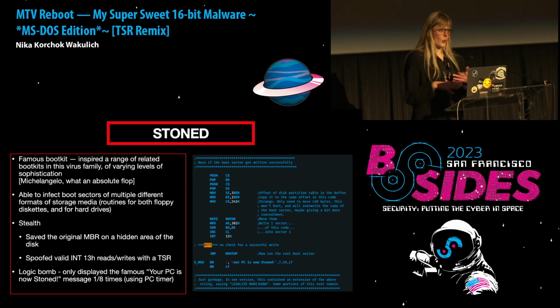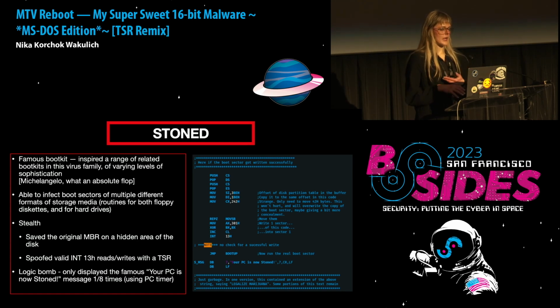But Stoned, the origin of Michelangelo, was able to infect boot sectors of multiple different formats of storage media. So it had routines both for infecting floppies and for hard drives. And then it also had some nice stealth routines and techniques. So it saved the original MBR in a, I say here, hidden area of the disk.